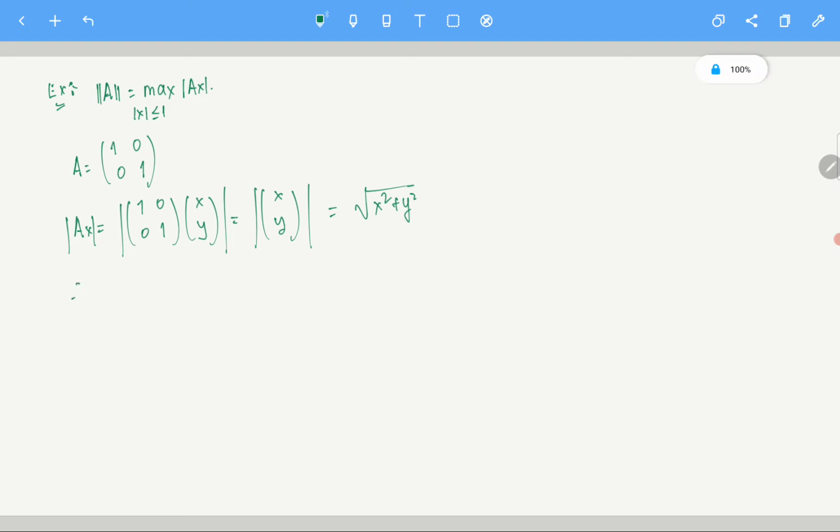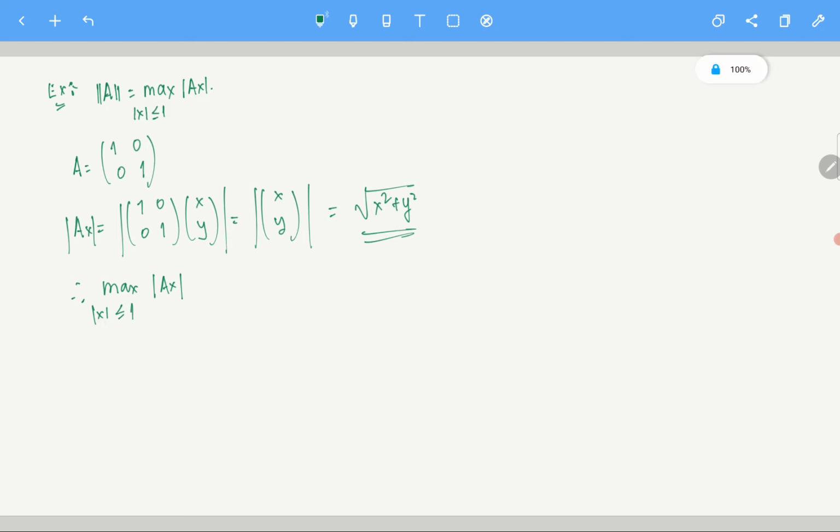Therefore the maximum of this, subject to x in R2.